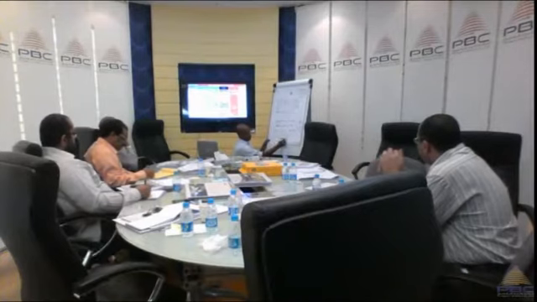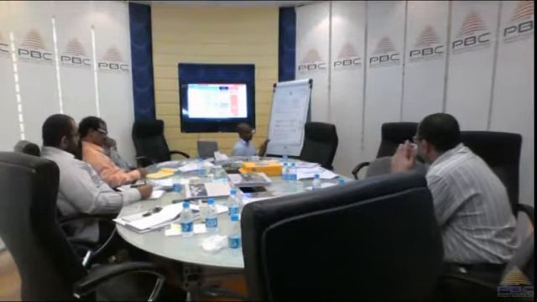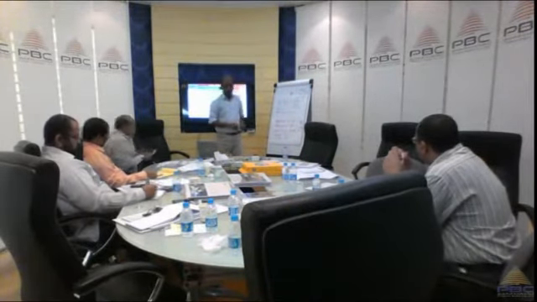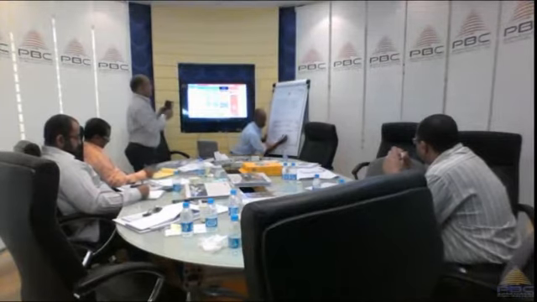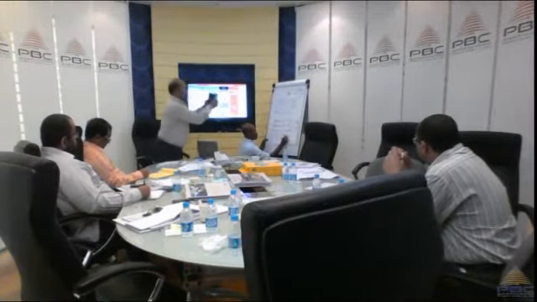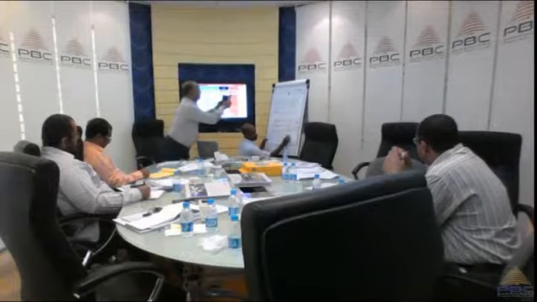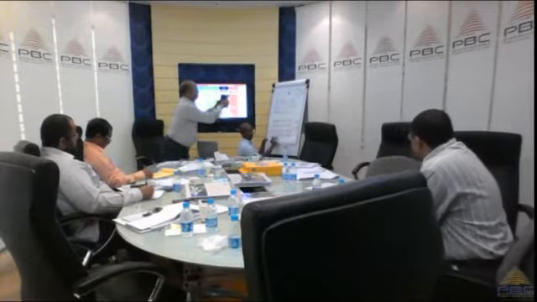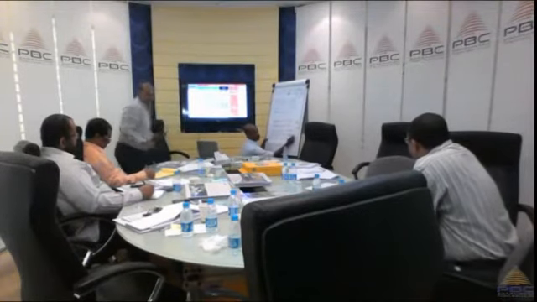Sometimes instead of SV, we have something called SPI, Schedule Performance Index. It gives us the same concept, but instead of taking the difference, we take EV divided by PV. And the CPI, the Cost Performance Index, is EV divided by AC.